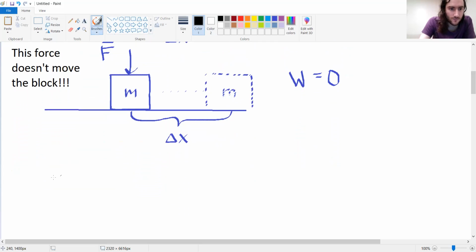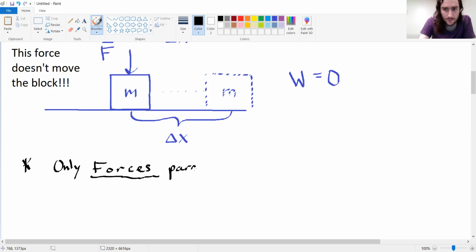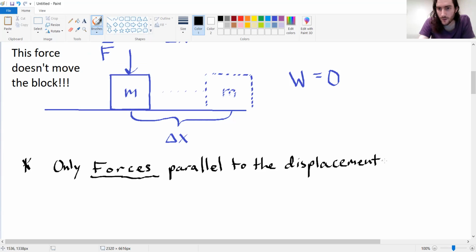Okay, so an important point here: only forces parallel to the displacement do work. Okay. So does that answer your question?